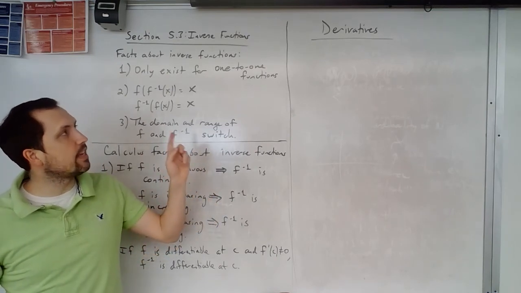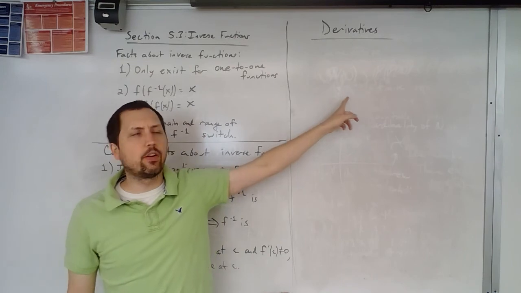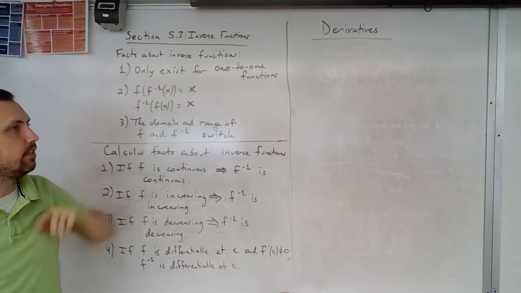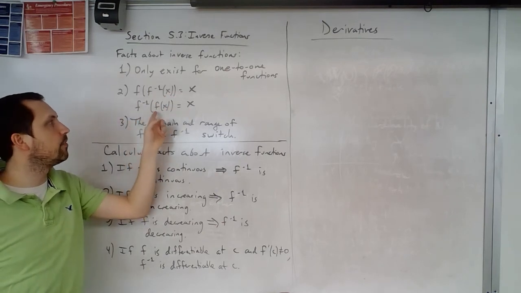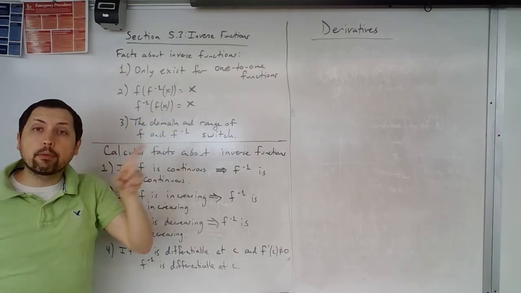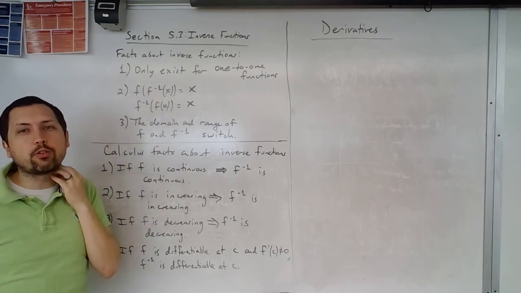So let's take a look now at derivatives. How do we calculate the derivative of an inverse function using some of these facts? What we have here is f of f inverse of x equals x, or f inverse of f of x equals x. I'm going to start with the first one and see what happens when I take the derivative.